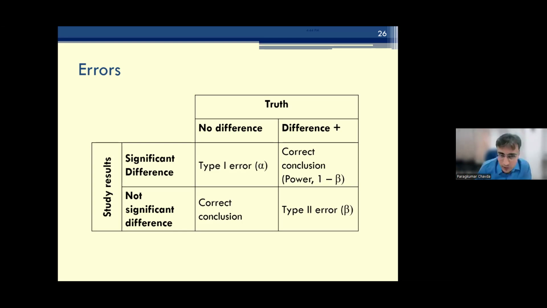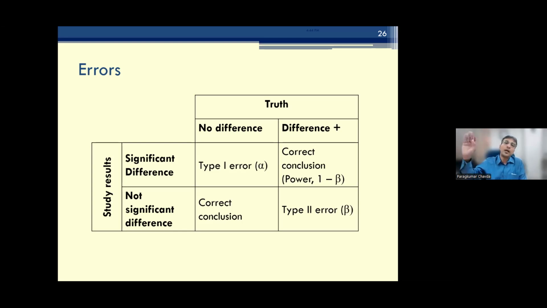So that was a little conceptual clarity about the type 1 and type 2 errors that we commonly utilize, the concepts that we utilize in sample size calculations as well. So the software that you use would ask you these two numbers. The software would ask you what is the power that you wish to keep. Do you wish to keep it 80%, 90%? And what confidence level do you wish to keep? Do you wish to keep it at 95% or 98%, 99%, and so on?